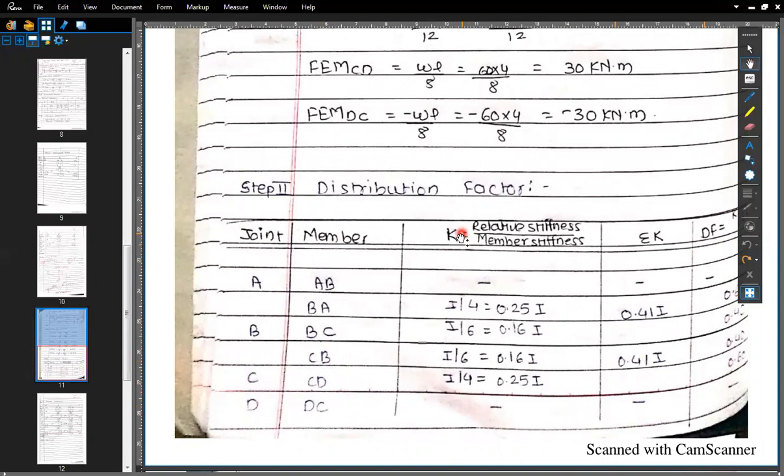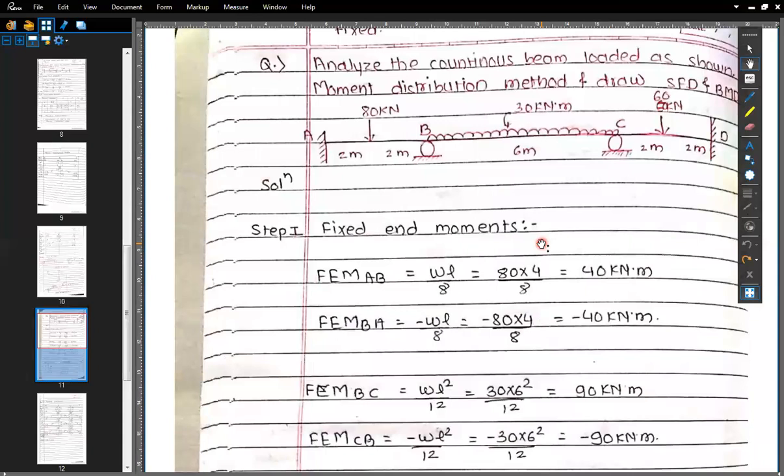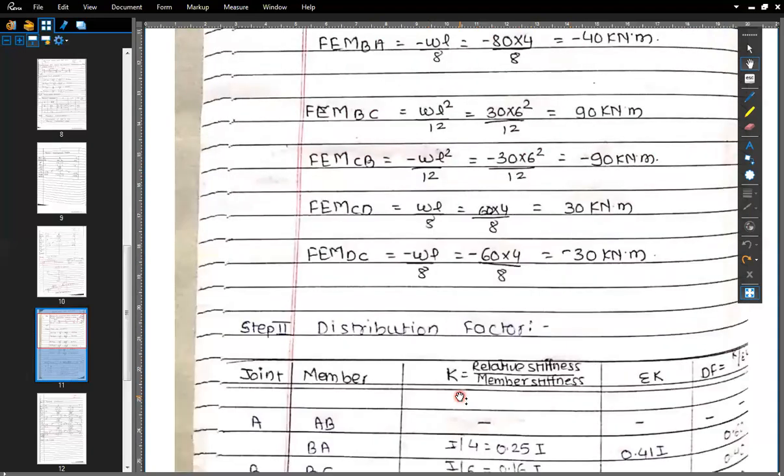Now we are going to find the stiffness. K is the ratio of relative stiffness to the member stiffness. So as we know, we are going to find this as I by L for fixed end condition. Okay, so I is the same. They have not mentioned different moments of inertia for different spans. The moment of inertia I is the same throughout the beam.